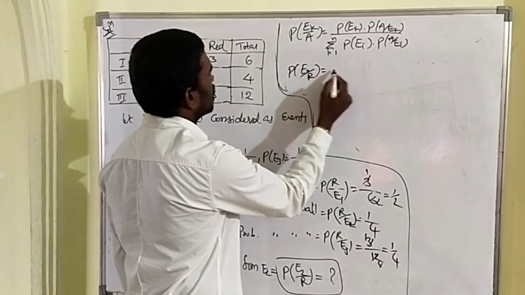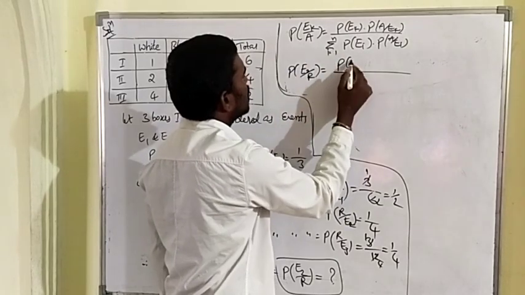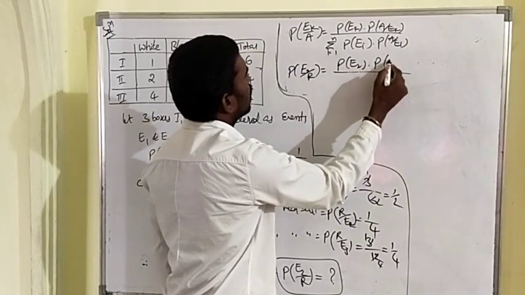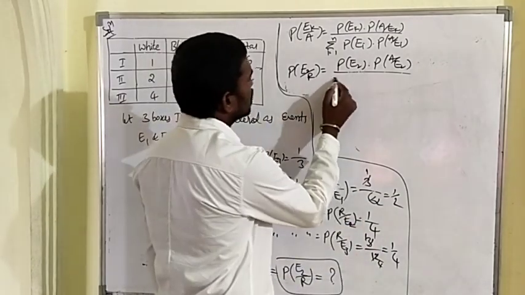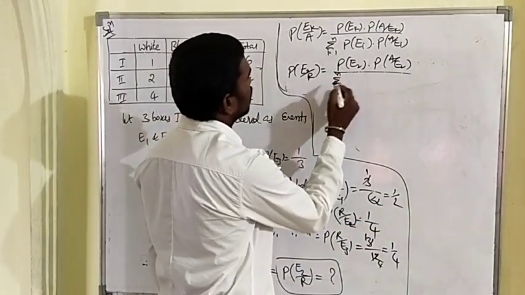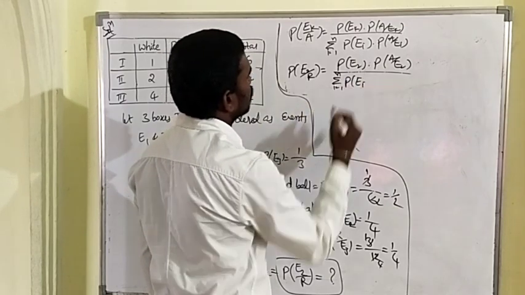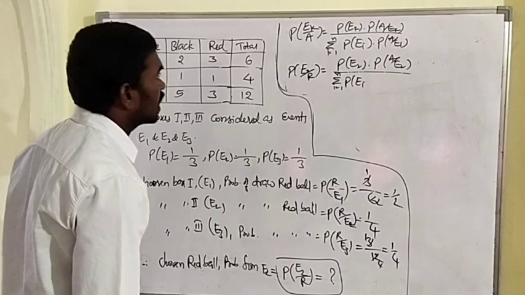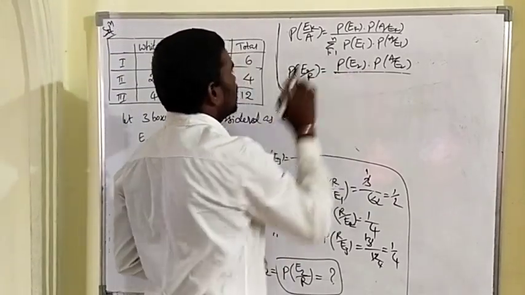E2 by R. According to this we can write probability of Ek, means E2, into probability of A by E2, by summation i equal to 1 to n probability of Ei into, here only I can expand because summation means sum of the terms.